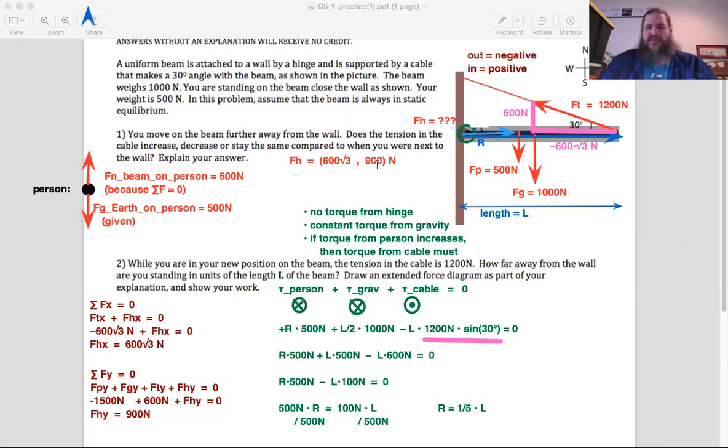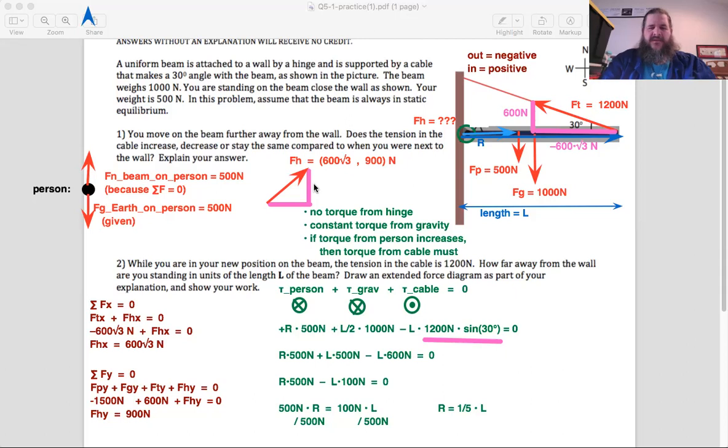How do we turn that into a magnitude and a direction? If we know it's 600 root 3 to the right and 900 up, how would we actually calculate that direction and the magnitude? We could use the Pythagorean theorem for the magnitude: leg squared plus leg squared equals hypotenuse squared.